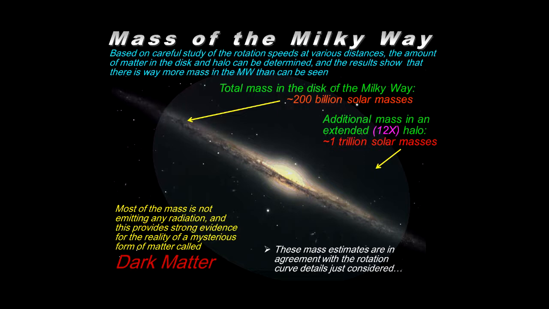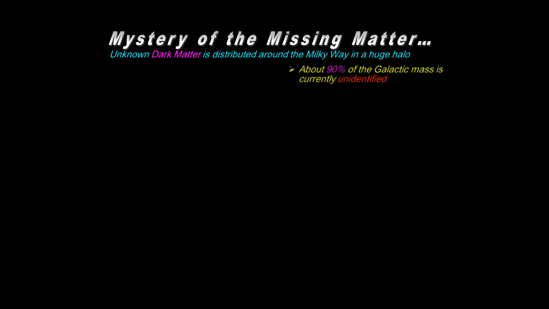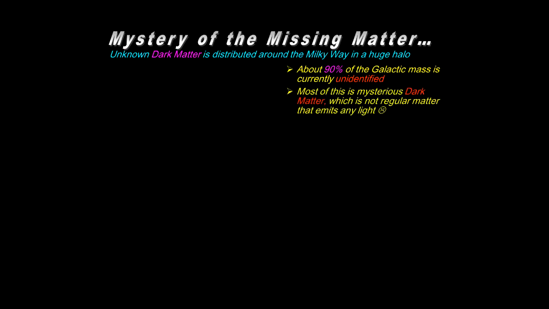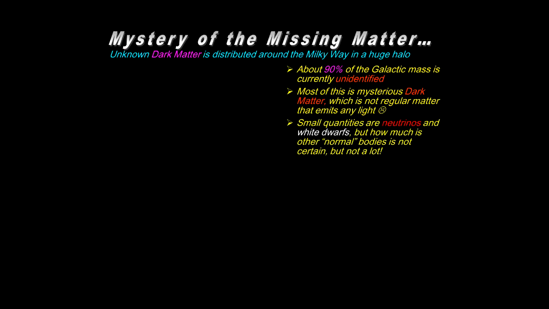We'll encounter that question again a little bit later. So the dark matter mystery is indeed a big mystery. It's distributed around the Milky Way in this huge halo, and it's about 90% of the galactic mass, currently unidentified, most of which is this mysterious dark matter, not regular matter that emits light.